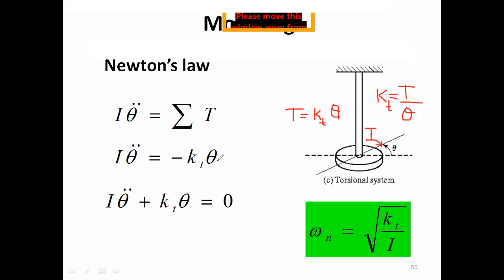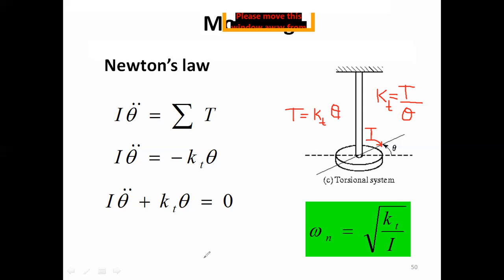Bringing that term to the other side of the equation, we have I theta double dot plus Kt theta is equal to 0. So this is the governing equation for the single degree of freedom torsional system. Or this is the equation of motion for that system.